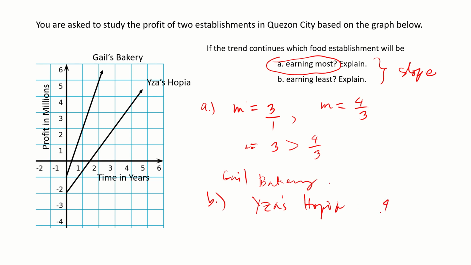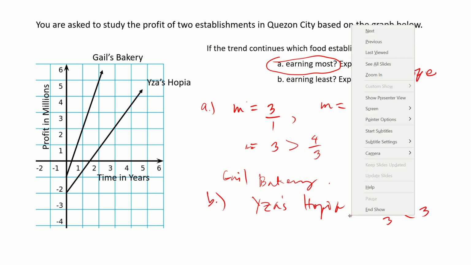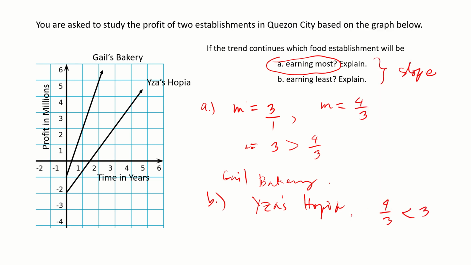Because 4/3 is less than 3. You just have to write it in complete sentences once you are asked to answer it in the examination. In my case, it's just a reviewer, so I'm just writing the important information that you need to jot down in your exam.